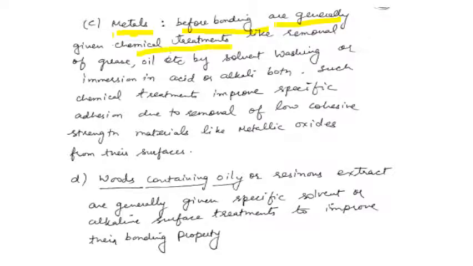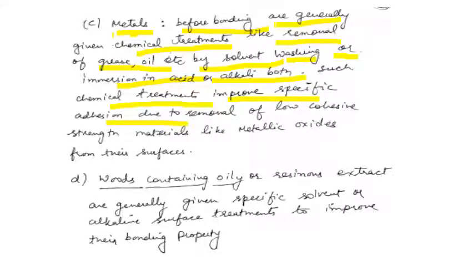We can remove the grease and oil by the solvent washing method, using an appropriate solvent. Or you can immerse that metal in acid or alkali or both. Such chemical treatments improve the specific adhesion.